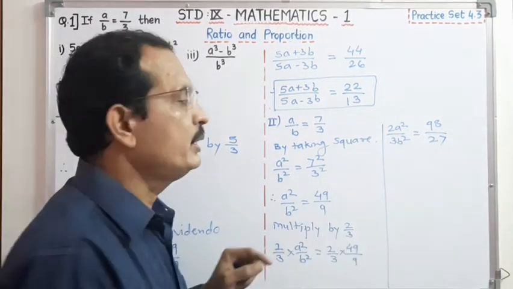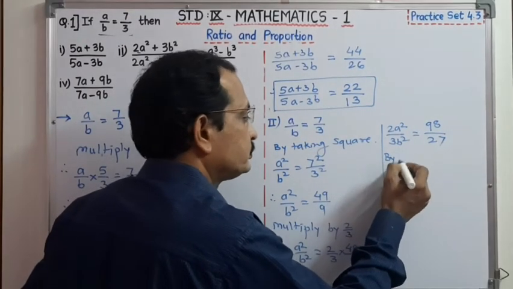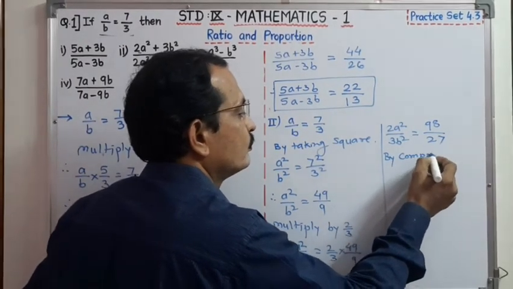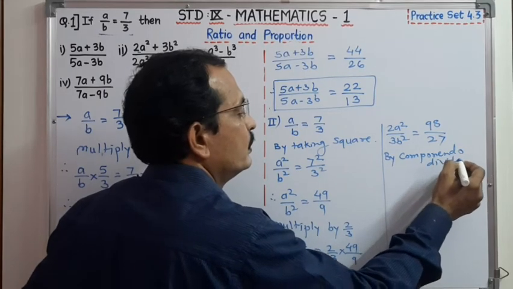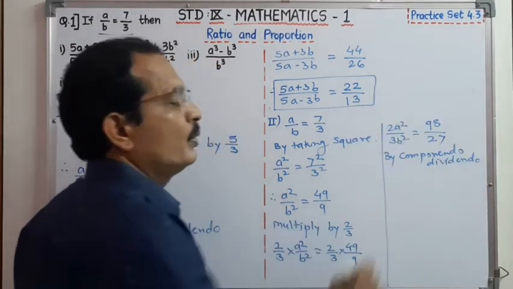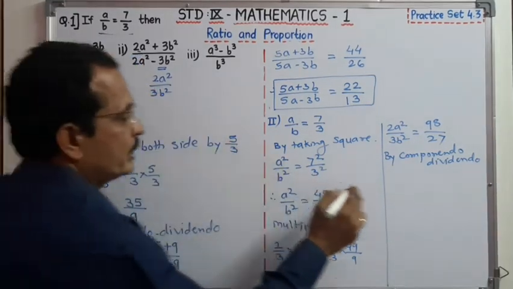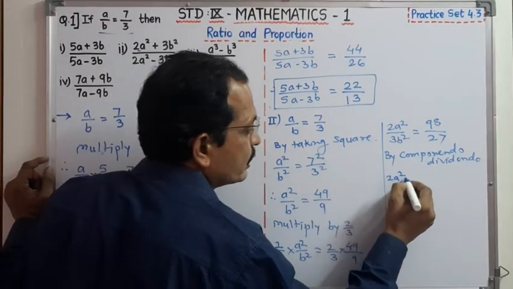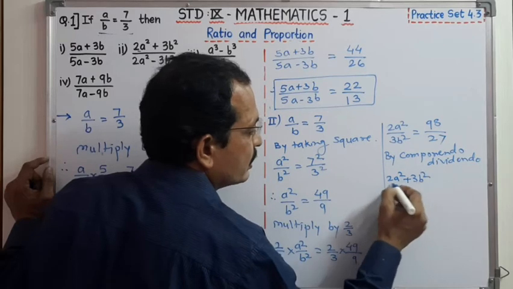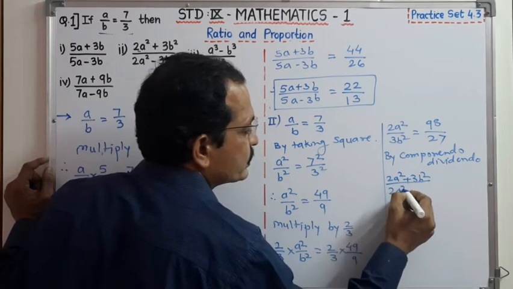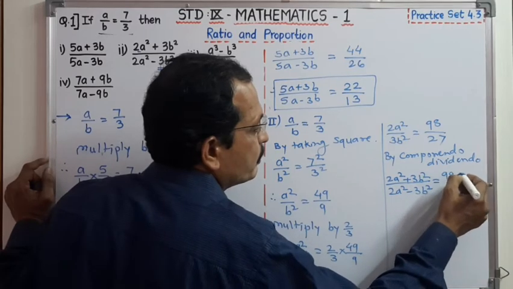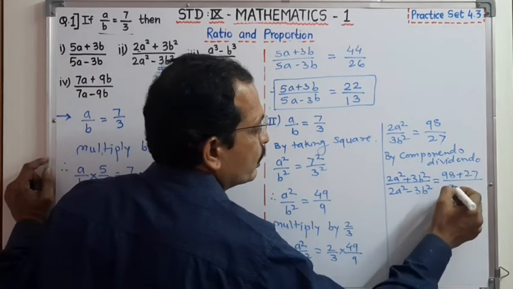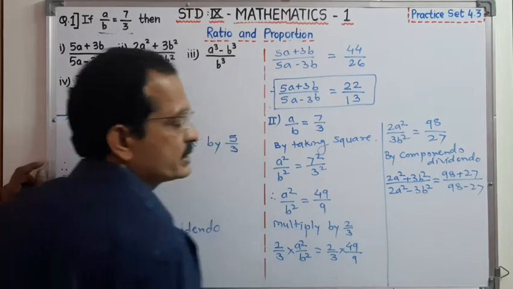Now, dear student, we got 2a square upon 3b square is equal to 98 upon 27. What we have to apply? By Componendo-dividendo. Now, by Componendo-dividendo, we get 2a square plus 3b square upon 2a square minus 3b square is equal to 98 plus 27 upon 98 minus 27.